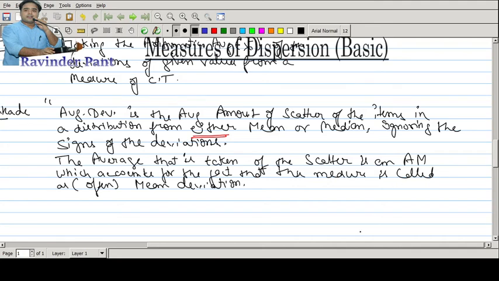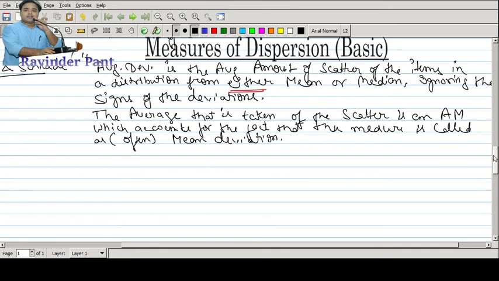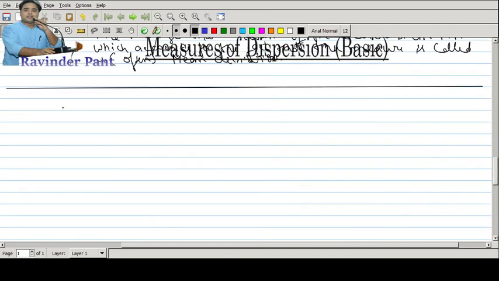So this definition will become more clear once we look into the formula for calculating this mean deviation. It is very easy to understand if you understand the definition. So how do we go about this? Let us say that there is a given set of data, x1, x2, x3, and this goes to xn.